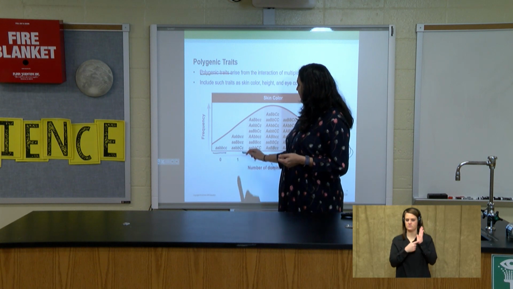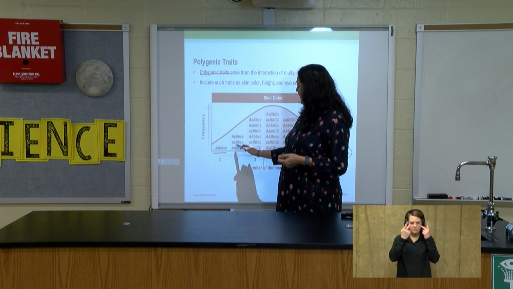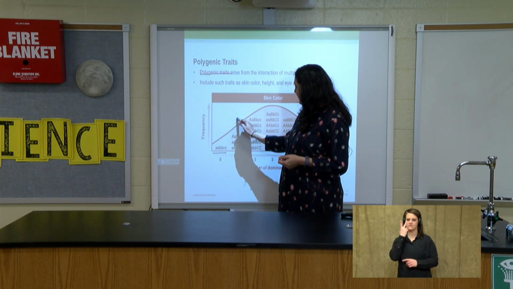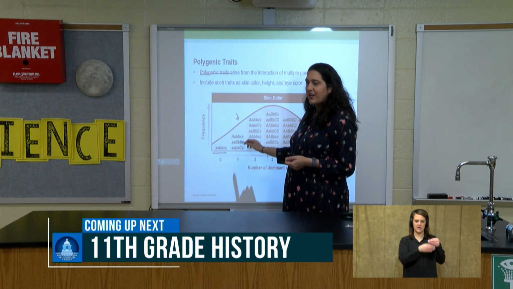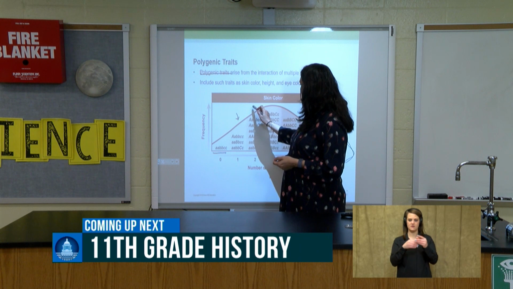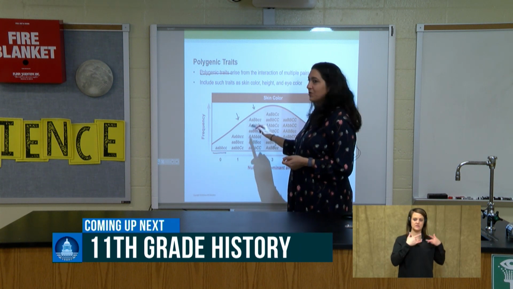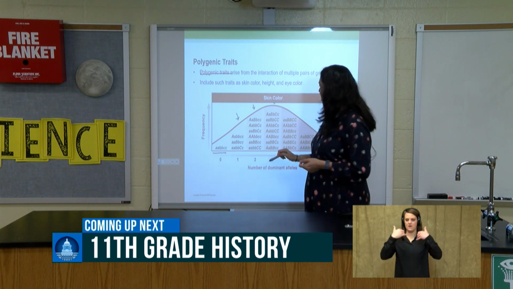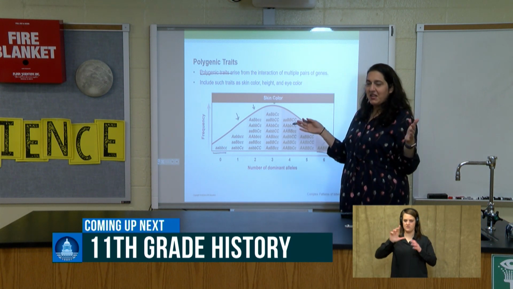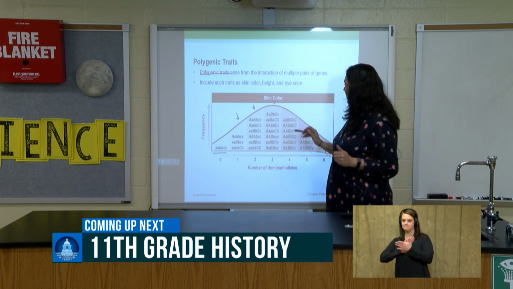So if you start looking, you can see as we start adding in this next thing, we added 1 capital letter of each gene, and we end up in a fair category. Then we go on, we have 2 capital letters. We're a little bit darker. Now we have 3 capital letters. We're in that nice medium skin tone, all right?